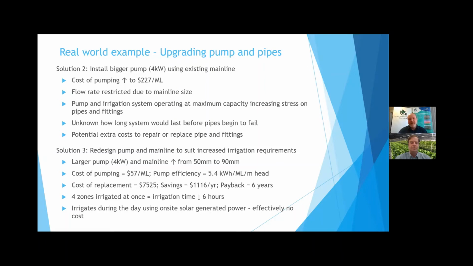So effectively, it didn't really cost him to irrigate because it was all solar generated on site. Also, by putting in the new pump and main line, it's actually reduced the repair and maintenance costs for that irrigation system over time. So it was actually the best option. It saved money. Yes, he had to redesign things. Yes, it cost him $7,500 to do, but it saved him money and energy costs in the long run.